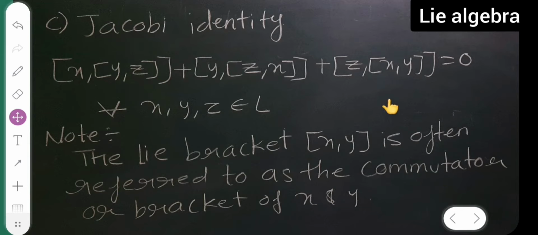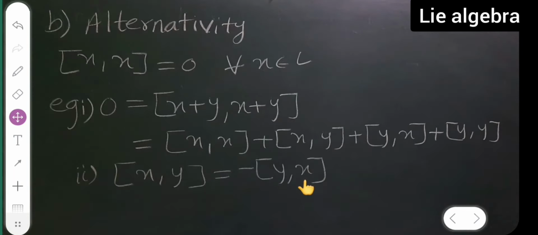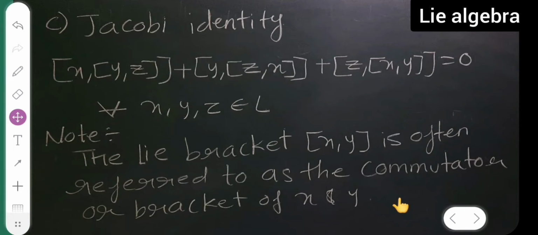You can say it as a commutator or bracket of x and y. Okay, next page I'll turn now. So it should satisfy all these three properties, 1, 2, 3. Then I can say it is a Lie algebra.